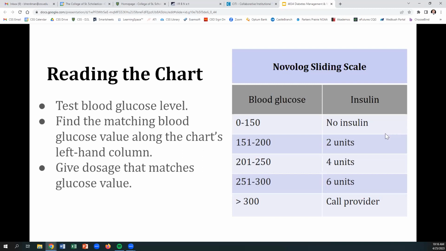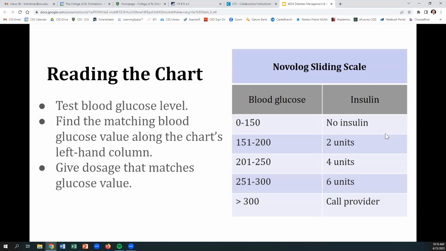First, on your order set, there's going to be a sliding scale that looks very similar to what is on the screen here. There are going to be ranges of blood sugar, and then the corresponding insulin dose. So to start with, you need to take a blood glucose reading.